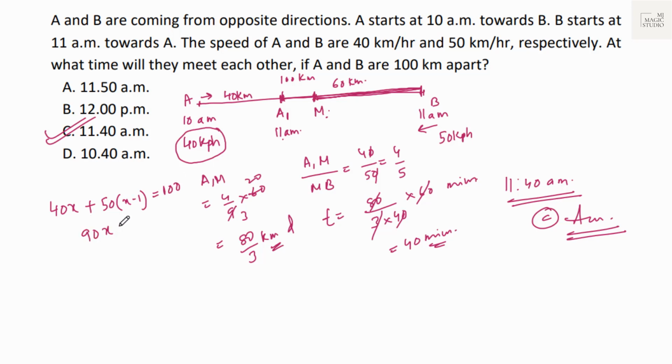Now we can solve this. 90x is equal to 150. x equals 150 by 90. Okay, this we will get in hours. If we multiply this by 60, we will get it in minutes. So we get 100 minutes. 100 minutes is 1 hour 40 minutes. So from 10 o'clock, 1 hour 40 minutes is 11:40 a.m.